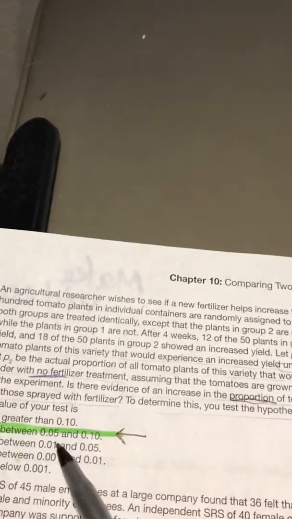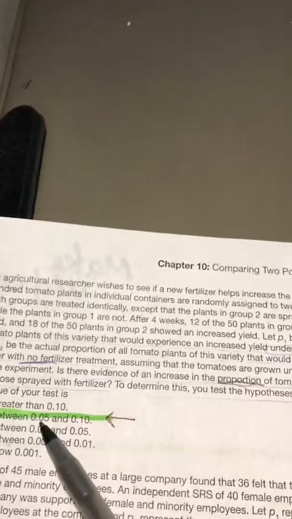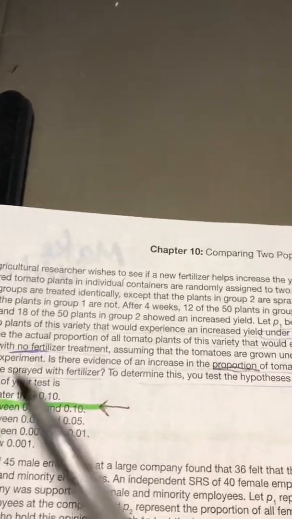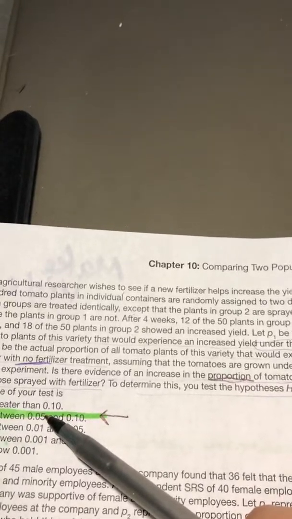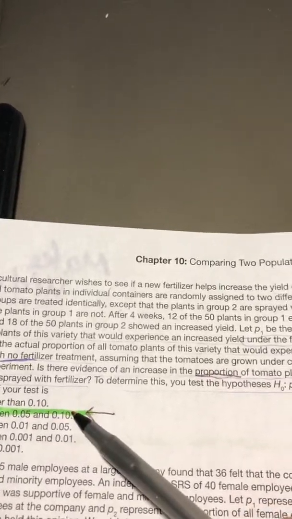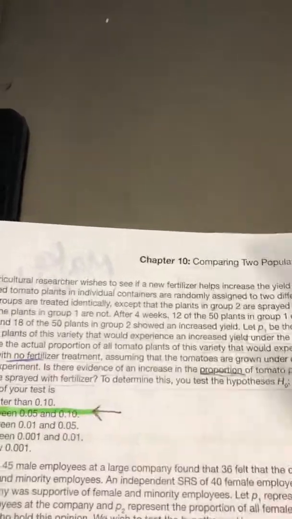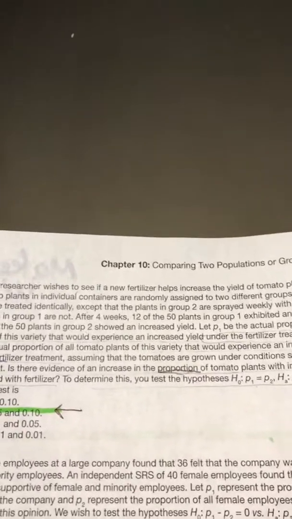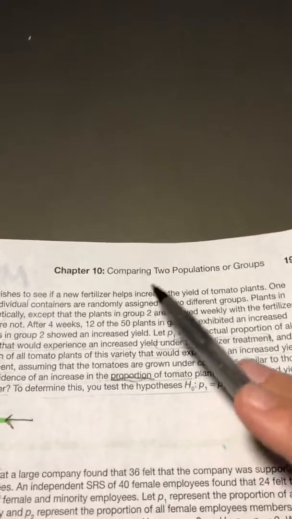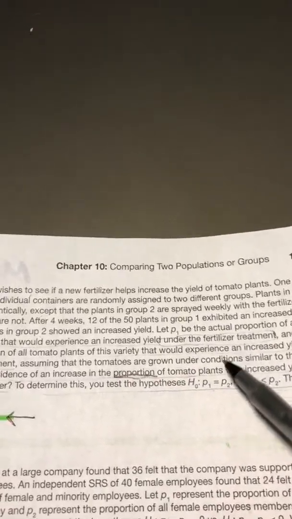And all that really helps you to determine is if alpha was set at 0.05, then you did not have sufficient evidence. So you failed to reject the null. But if alpha was 0.10, in this instance, you would have sufficient evidence to suggest that the fertilizer is helping, right?